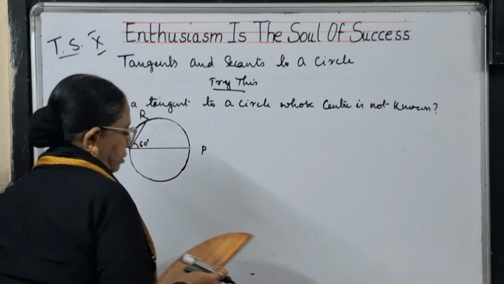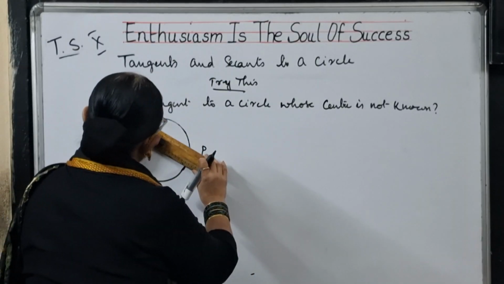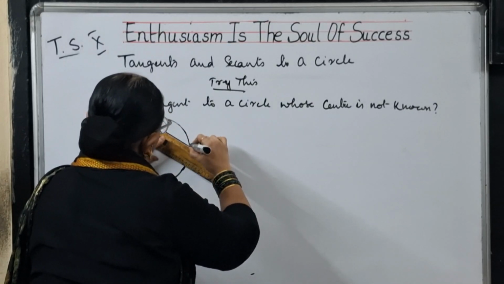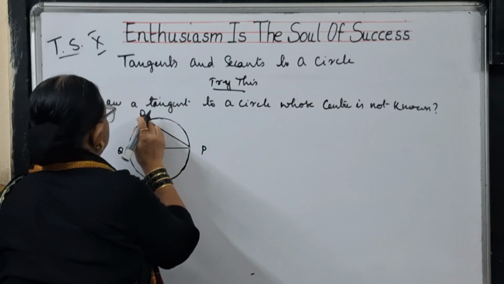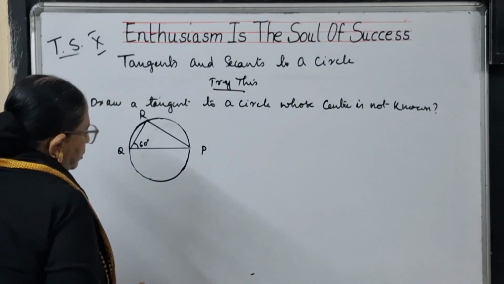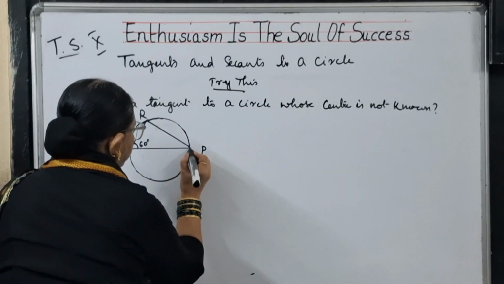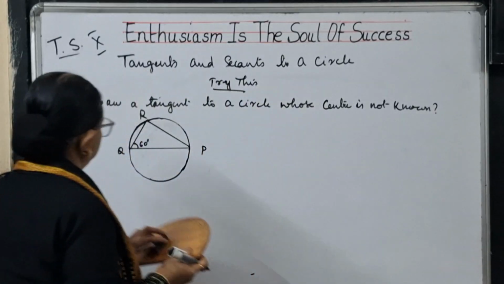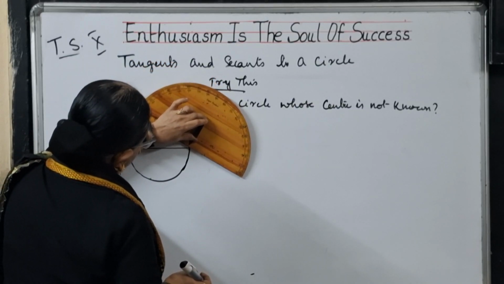Now what you have to do is join R and P. These two points you have to join. This is R and P. This is 60 degrees, no? So the same 60 degrees angle, you have to draw here.